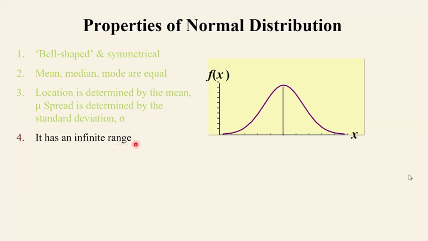So when we take, for example, a binomial distribution, how do we define the values for x?